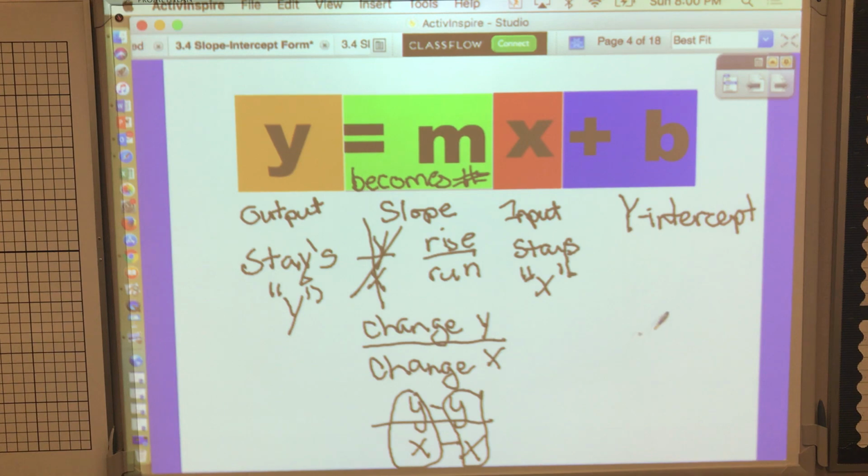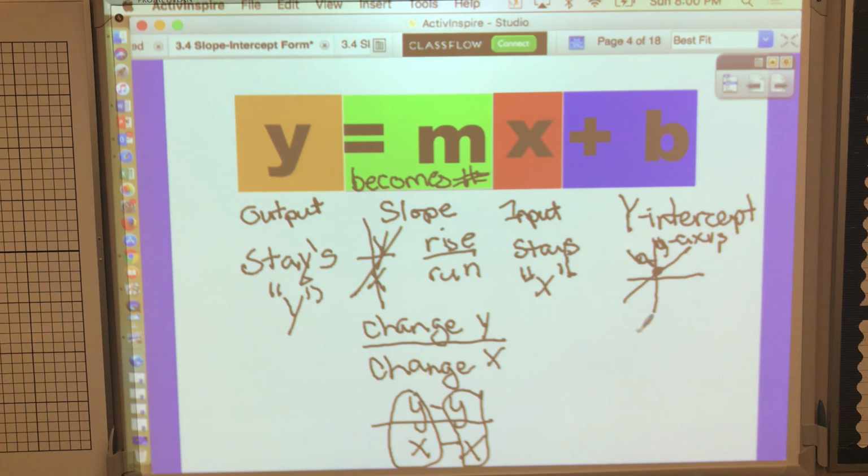And again, what that means is it's the point on that y-axis where it crosses the y-axis. And this right here is b.